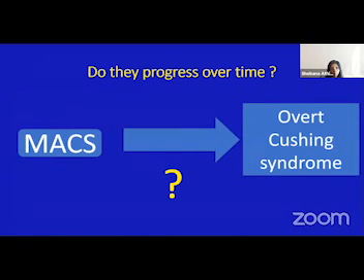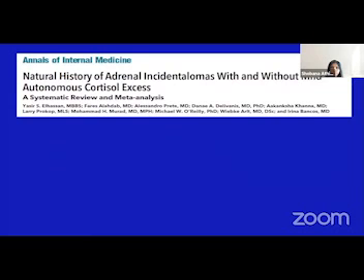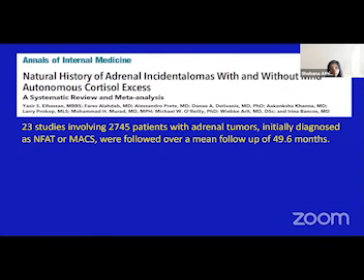So do they progress over time from MACS to overt Cushing syndrome? This was a meta-analysis published in 2019, looking at 23 studies involving 2,700 patients with incidentally discovered adrenal tumors, either non-functioning or with MACS, followed up for a period of 50 months.